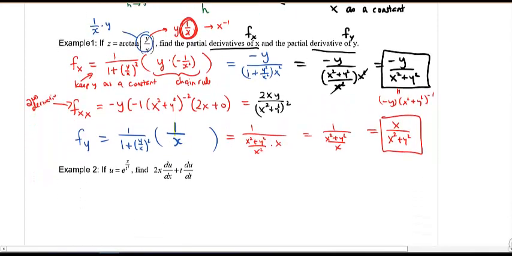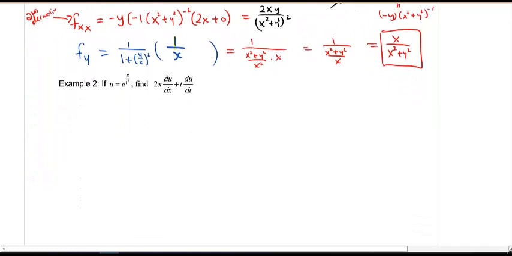So nothing really too out of the ordinary, but now you get to actually figure out derivatives in multivariable calculus. I'd like you to try example number 2. This time I'm asking you to find an expression and simplify it. Really I want you to find du dx and then du dt, and then plug them into this expression to solve. So let's do that first. du dx would be the derivative of u with respect to x. The derivative of an exponential function is just the exponential itself.